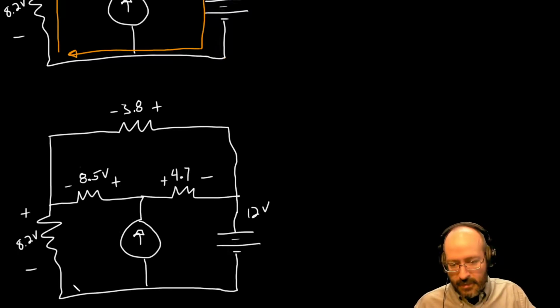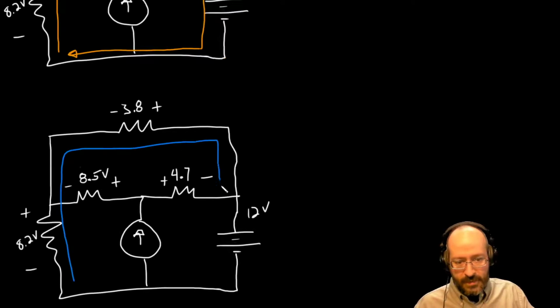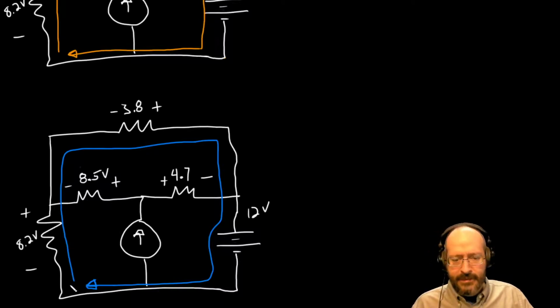Let's start here and work our way around the outside of the circuit, and we'll come over here. I'm going to take the same approach, and now I see 1, 2, 3 components along that loop, and I'm going to have 3 terms. So I'm going to start here, and I'm going up across the 8.2, and it looks like that's going to be a voltage rise.